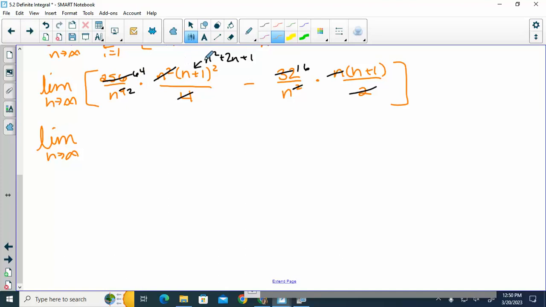So I get 64n squared over n squared. So that's 64. Plus 128n over n squared, so 128 over n. Plus 64 over n squared. I need to distribute a negative 16 over n. So 16n over n would be 16 and 16 over n.